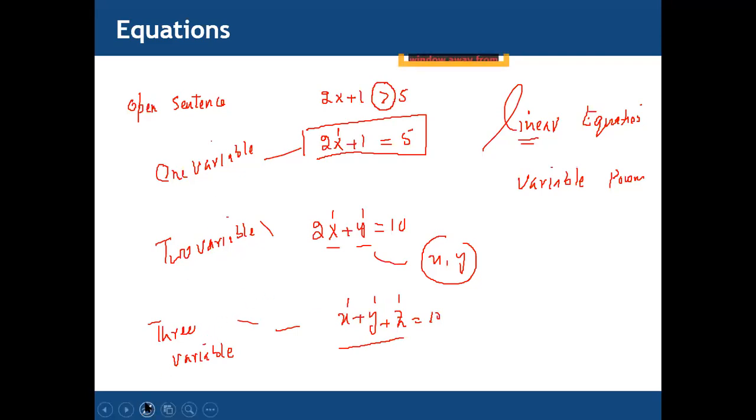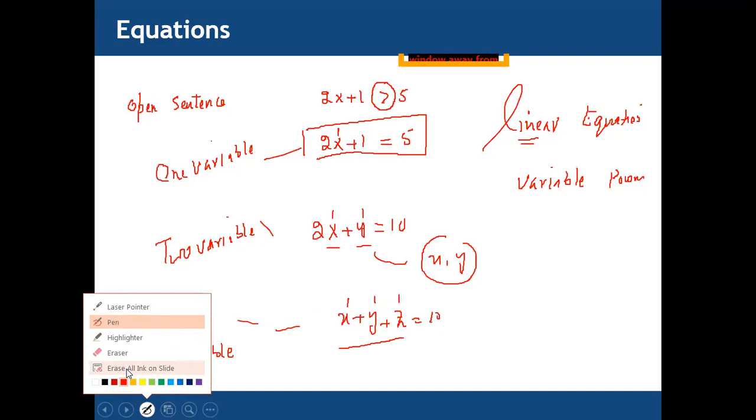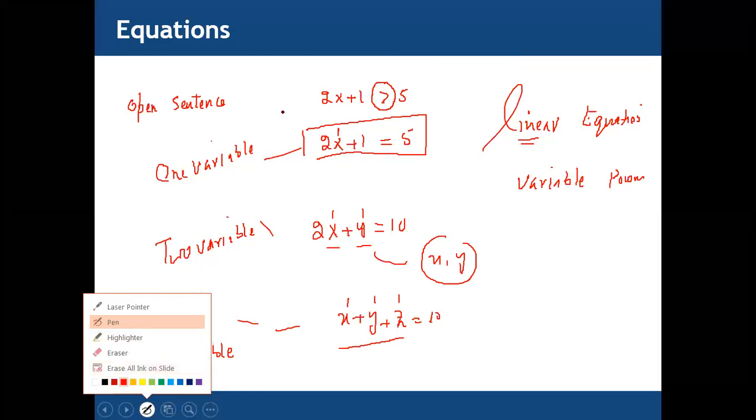So how can we solve them? First, the linear equation with one variable, then with two variables, then with three variables. First of all, the linear equation with one variable.